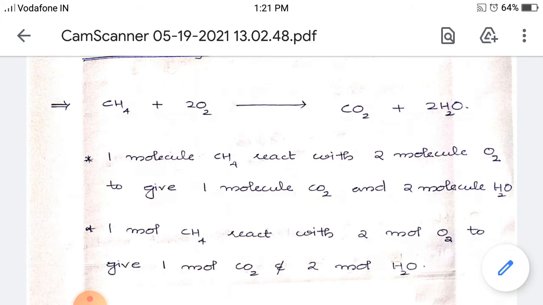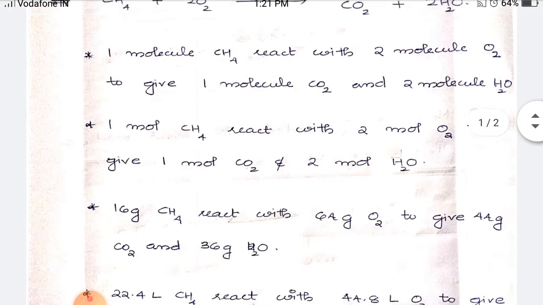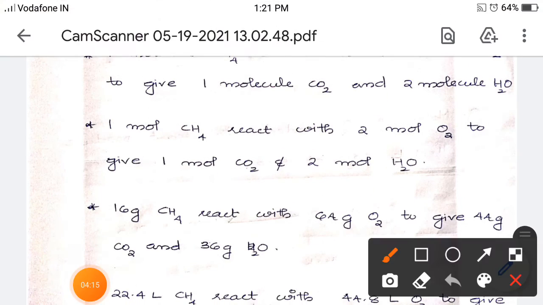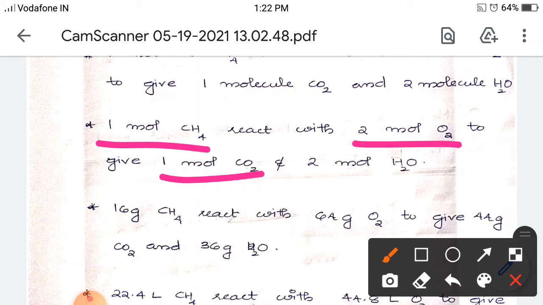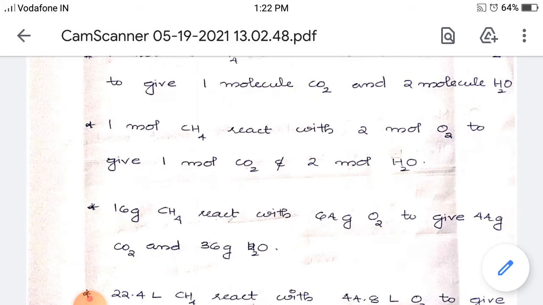Next, 1 mole of CH4, here representing in moles, reacts with 2 moles of O2 to give 1 mole of carbon dioxide and 2 moles of H2O. Now next, 16 gram CH4 reacts with.